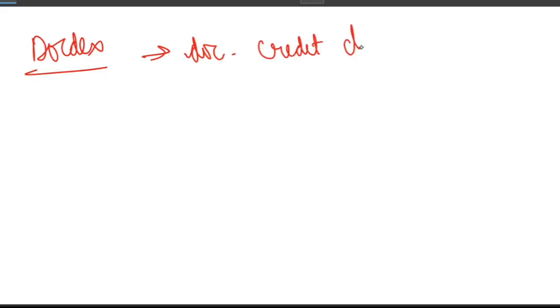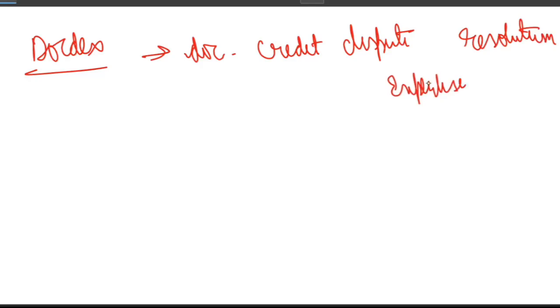Basically, this question revolves around DOCDEX. So what is DOCDEX? DOCDEX stands for Documentary Credit Dispute Resolution Expertise. Basically, DOCDEX is like a specialist doctor.